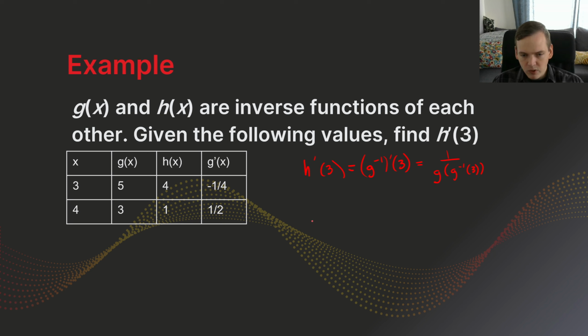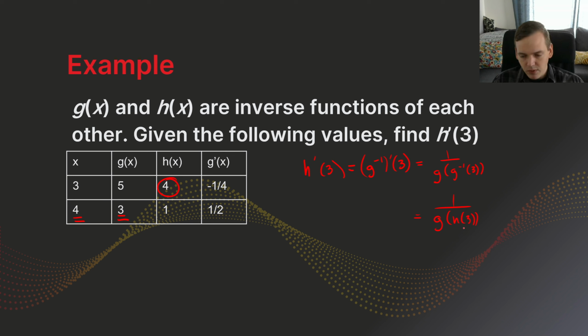So g inverse of 3 is going to be what h value, or if you prefer, h of 3, is what h value gives me 3 out. So h of 3. If we look, h of 3 is going to be 4. In other words, if I put 4 into g, I should get 3 out. And so we see those match up.